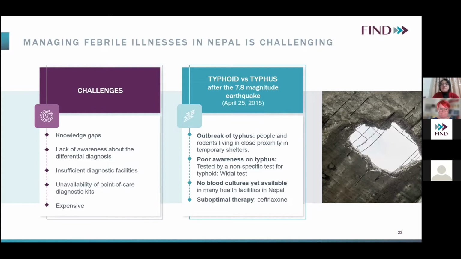When people came with a history of fever, they were tested by a non-specific test for typhoid, like a Vidal test, because even simple tests like blood culture are not yet available in many health facilities in Nepal. And so these typhus cases were even treated with ceftriaxone.